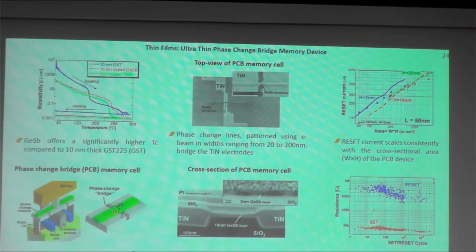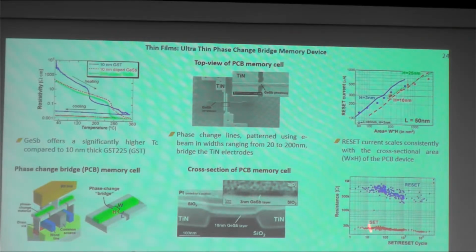Some characteristics like reset currents and the endurance were tested, and they found that the reset current changes with the cross-sectional area of such a device, and that the cycling endurance of such a device is also about 10 to the 4 set-reset cycles.